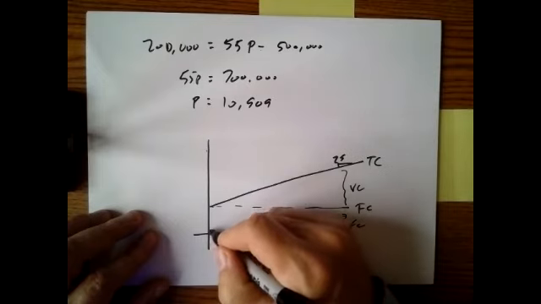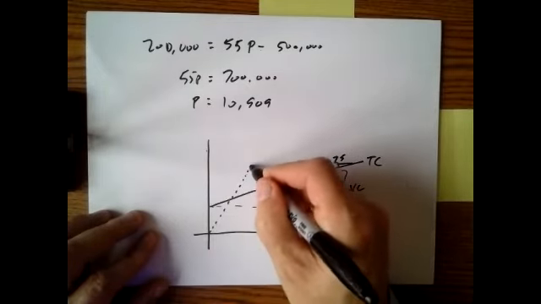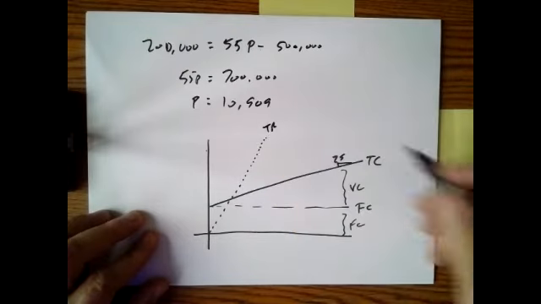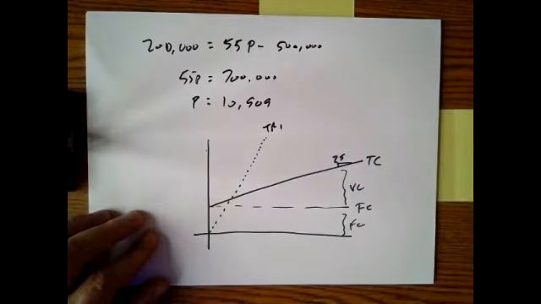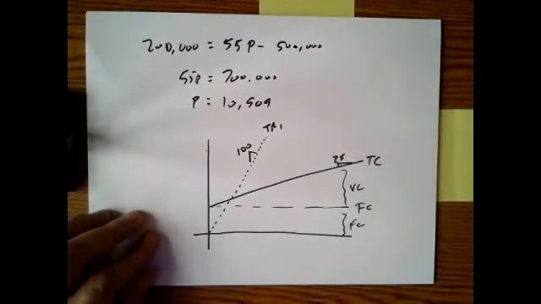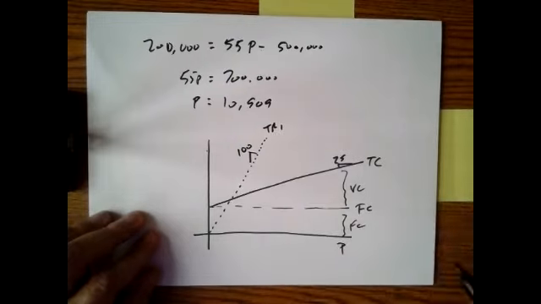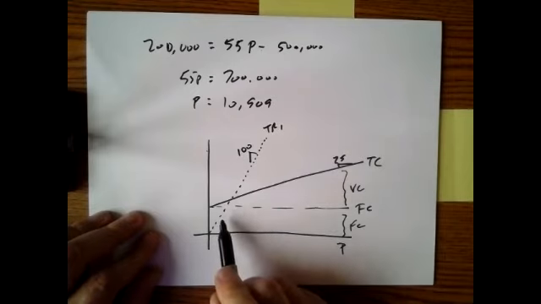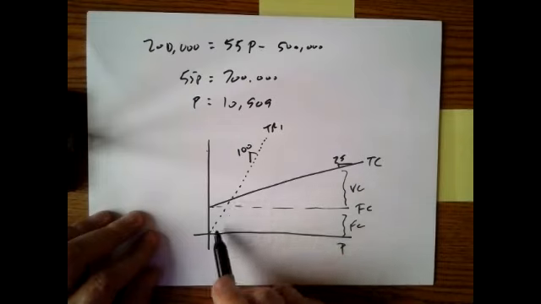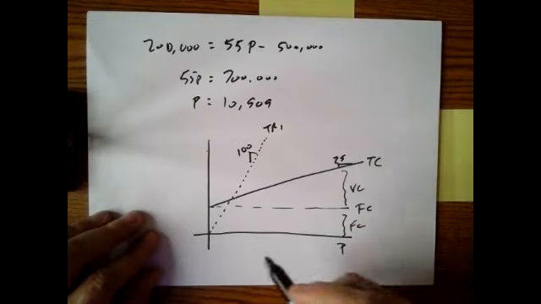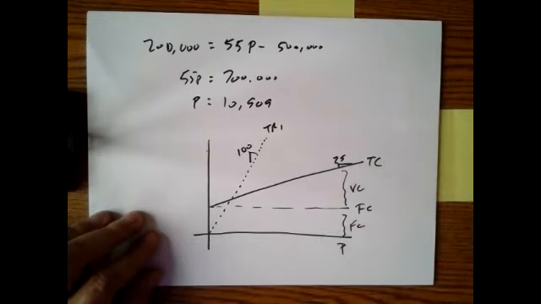So the original total revenue line, I'll draw it with a dotted line. So TR, we'll call it total revenue 1, had a slope of 100 because we were being reimbursed $100 per visit. So for every additional procedure we did, we got an additional 100. Now we're going to be taking $80 per visit.